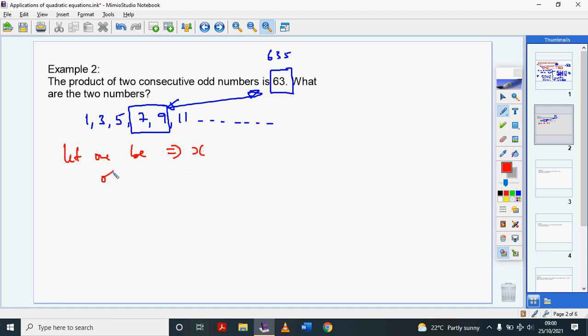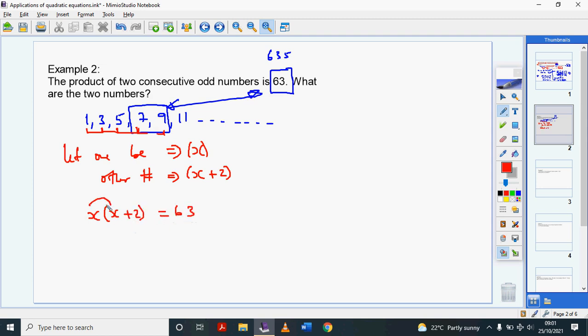If one of the numbers is x, then the other number is going to be, look at this, odd numbers have a difference of 2, right? I just add 2 to get the next odd number. So the next odd number is going to be x plus 2, right? And I know that their product is equal to 63. So x times x plus 2 is equal to 63.